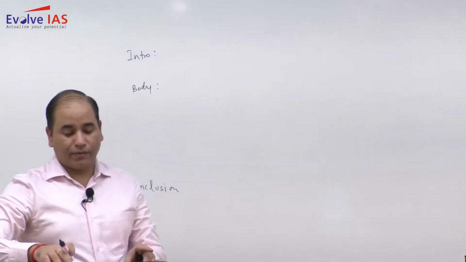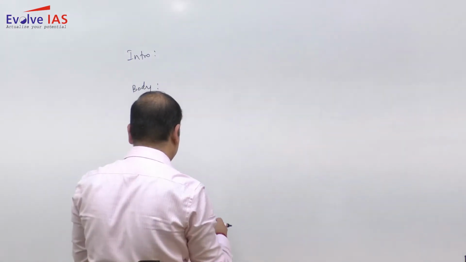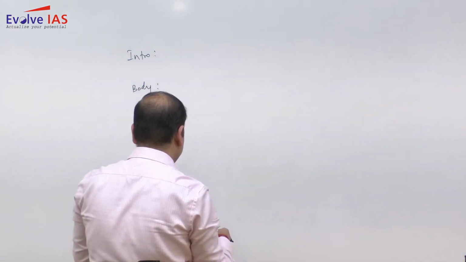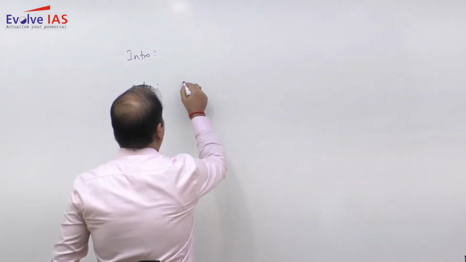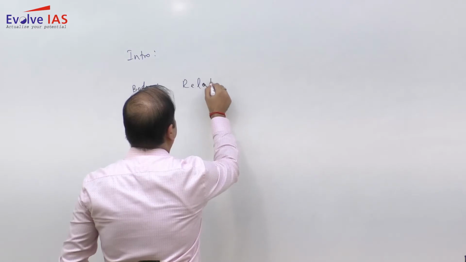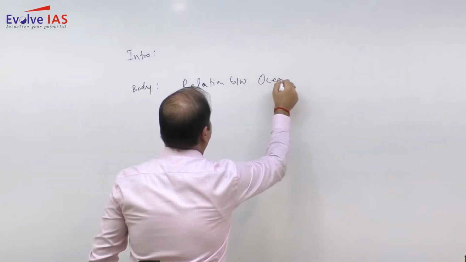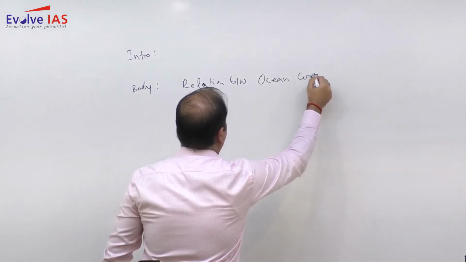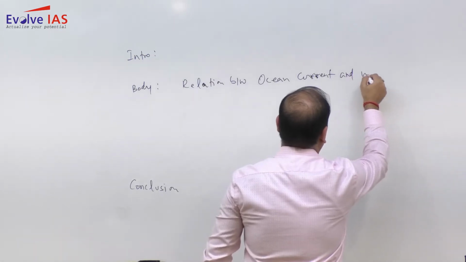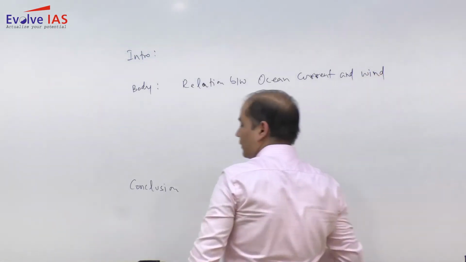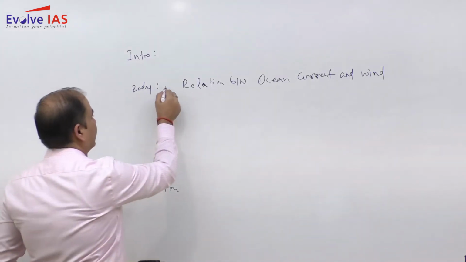So how you will plan your answer, how you should approach your answer. What is the relationship between ocean currents and global surface wind? So the relation between ocean current and wind needs to be highlighted. That is one component, one part.